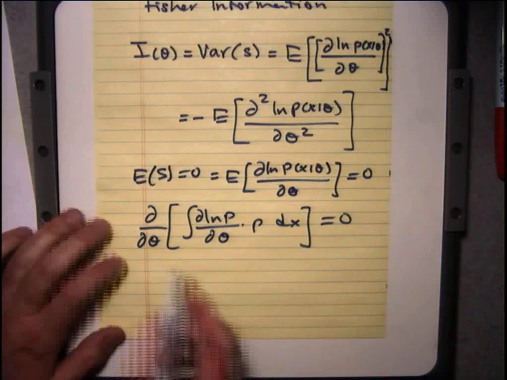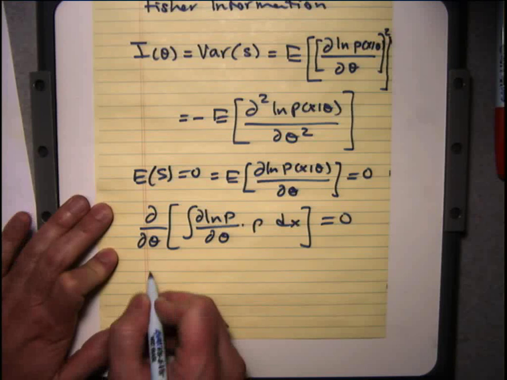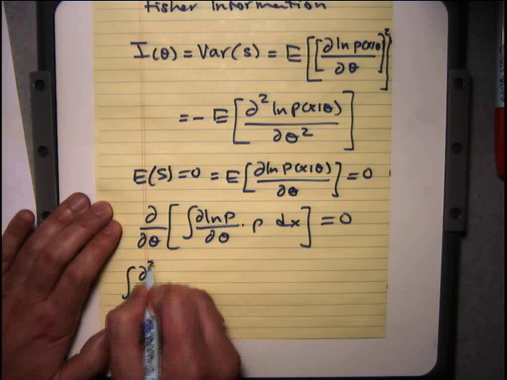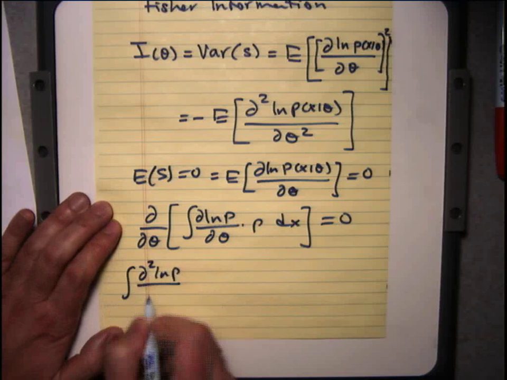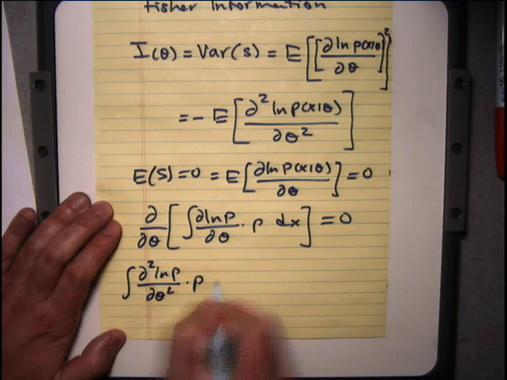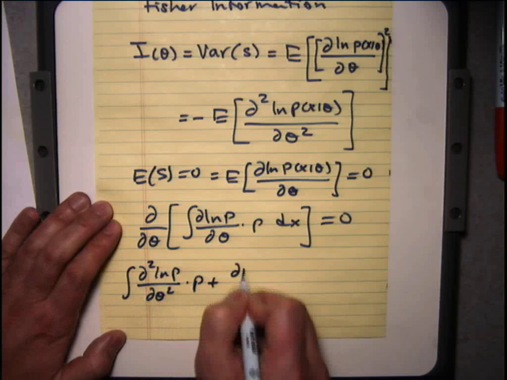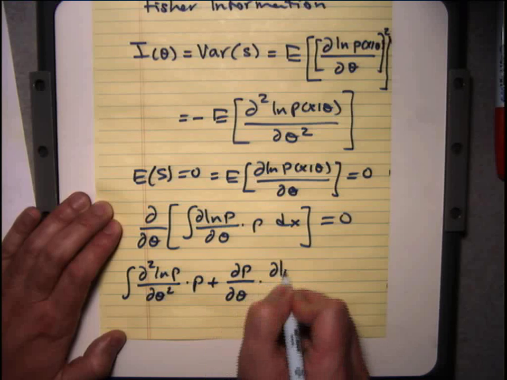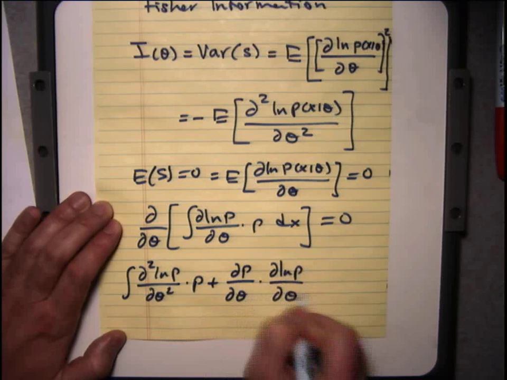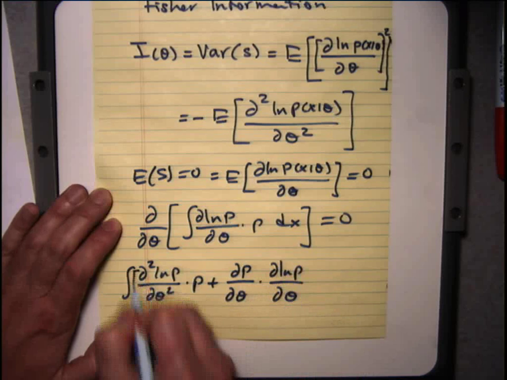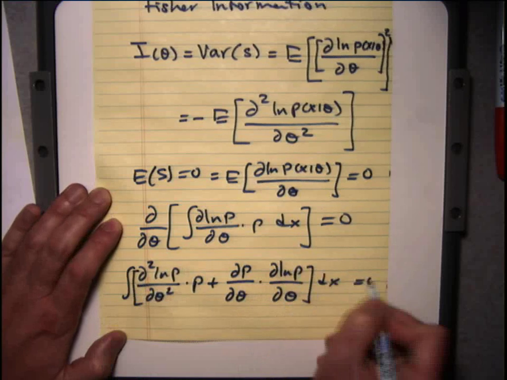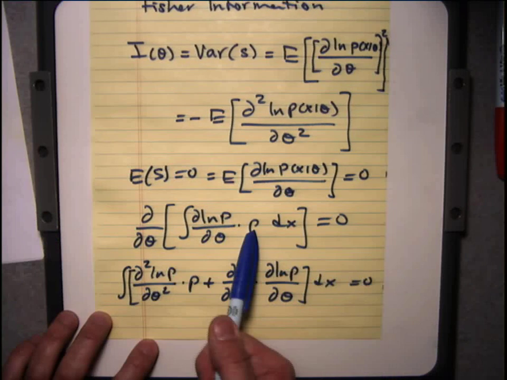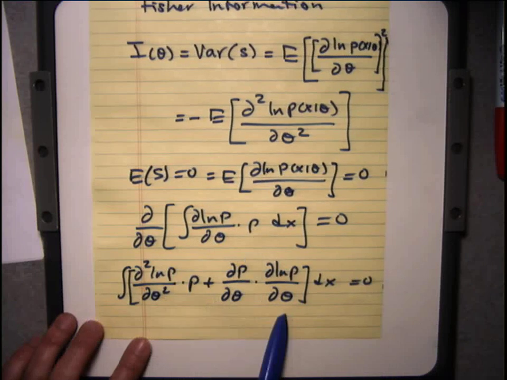What you get is the integral of the second derivative of log p with respect to theta, times p, plus dp d theta times d log p d theta, and then this whole thing dx equals 0. So when I push this derivative inside, I have the product of 2 terms. This is just the product rule for the derivative.